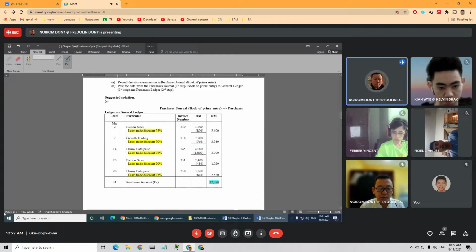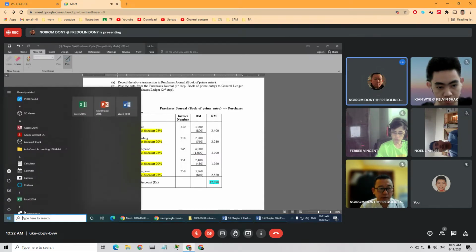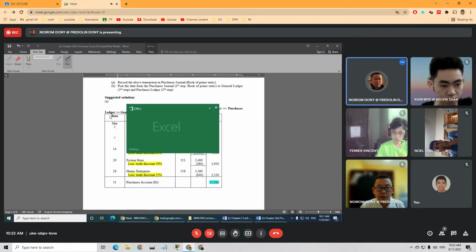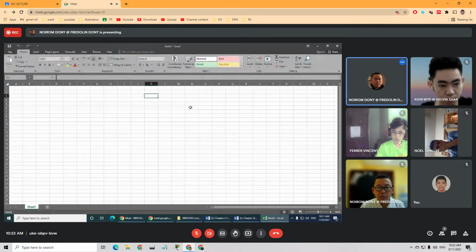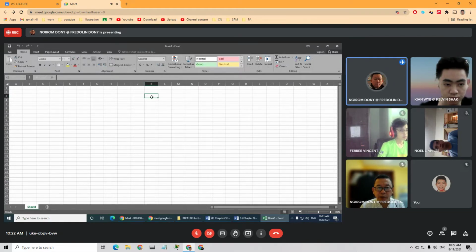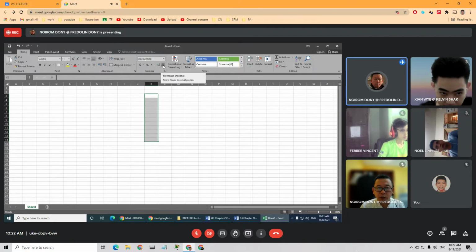You just have to format, let me show you. So this is the comma function. Let's say this column, I want to format as a comma, but I need to decrease decimal. I don't want to have 2 decimal places.